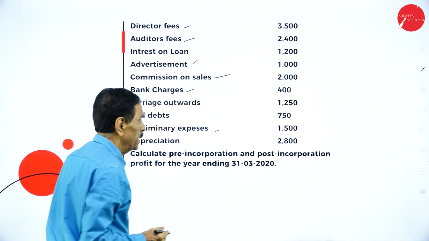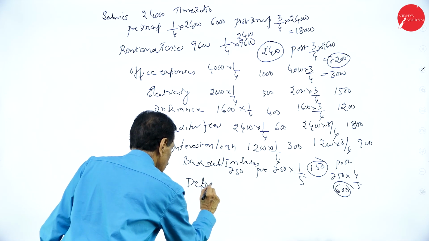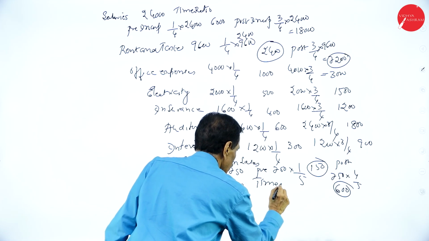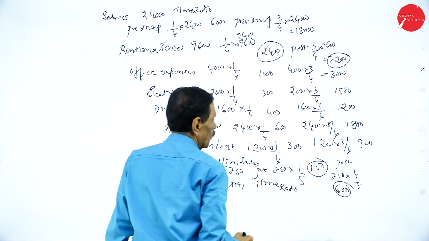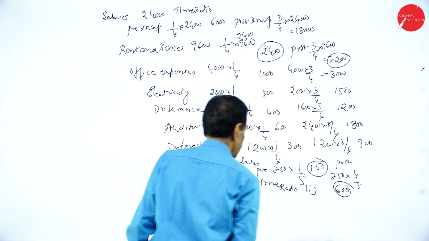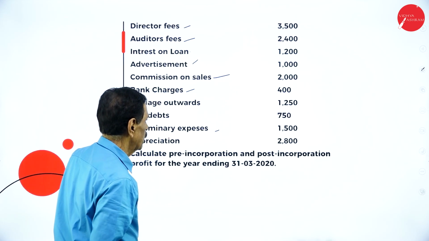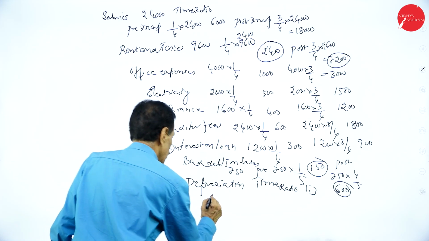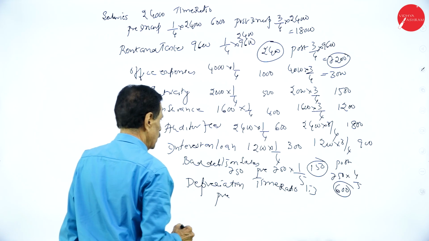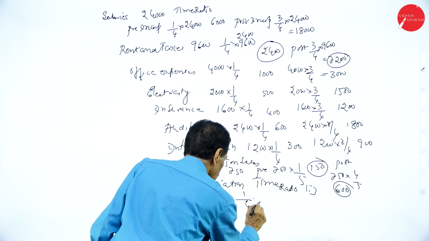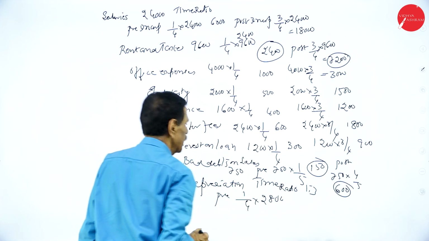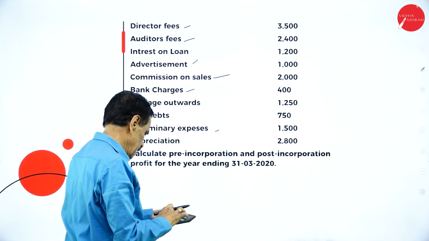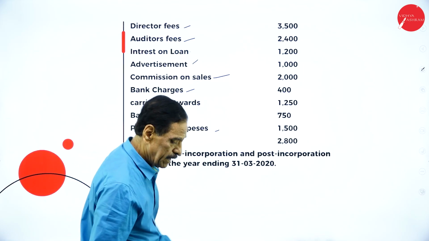Last one, depreciation. Time ratio 1:3. What's the amount? 2,800. Pre: 2,800 into 1 divided by 4 is 700.